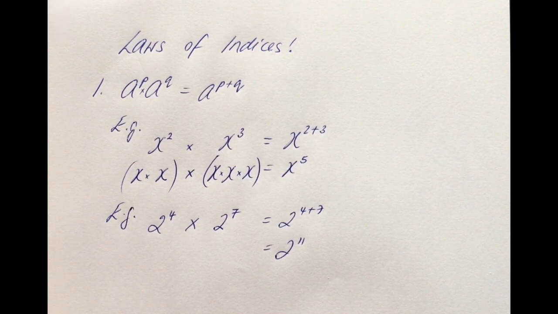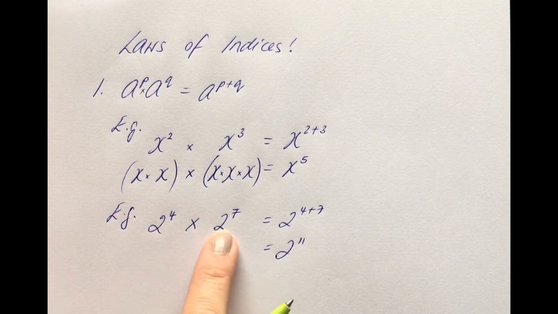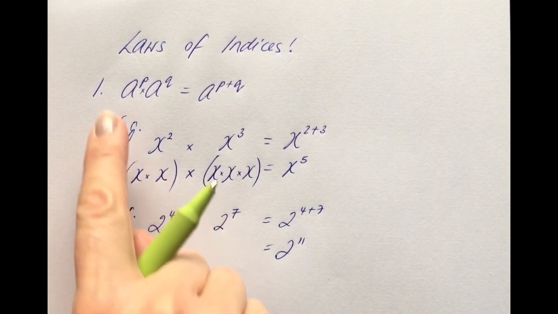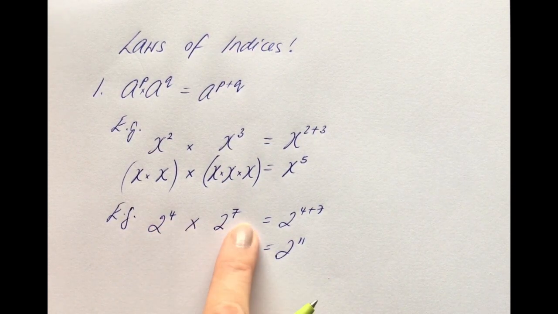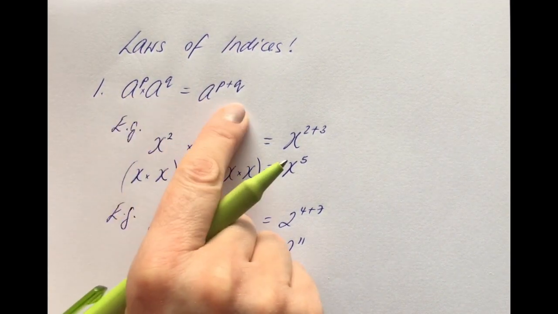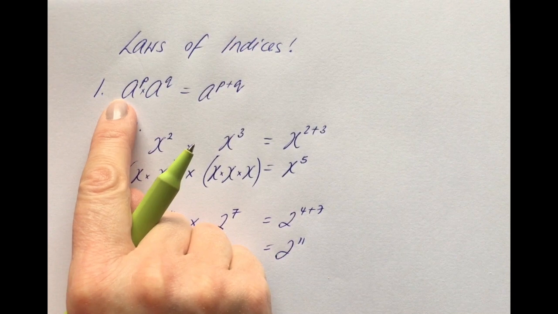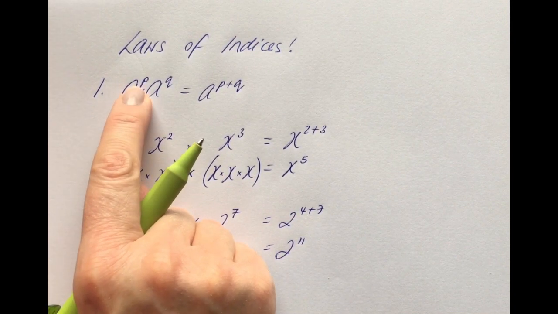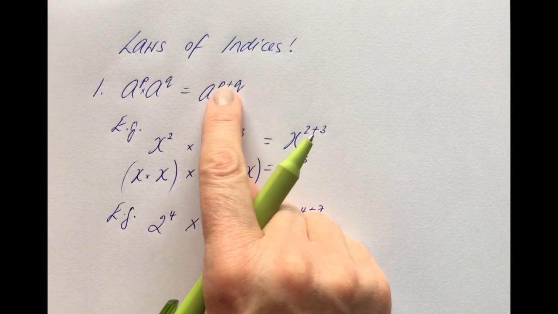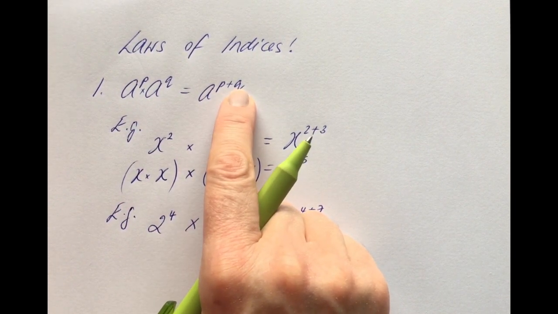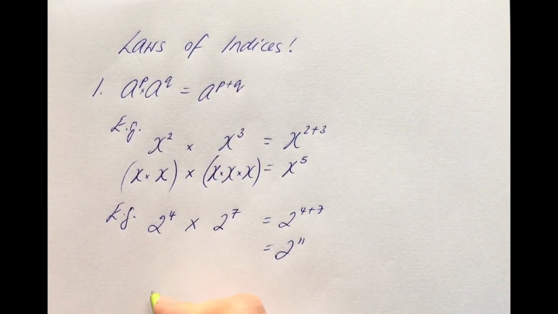Now, one key thing to point out here is that it has to be the same number that's being raised. For any of these laws of indices to work, you have to have the same number being raised. That's why the law in the log tables has quite clearly an a to a power times an a to a power giving you a to the two powers added. You couldn't have, for example, 2 to the power of 4 times 5 to the power of 7.